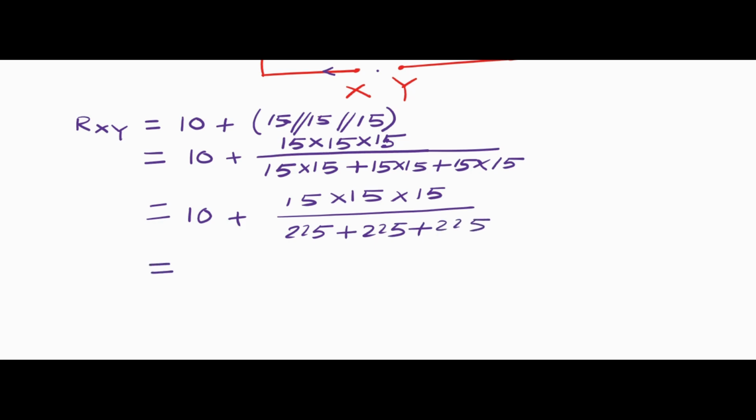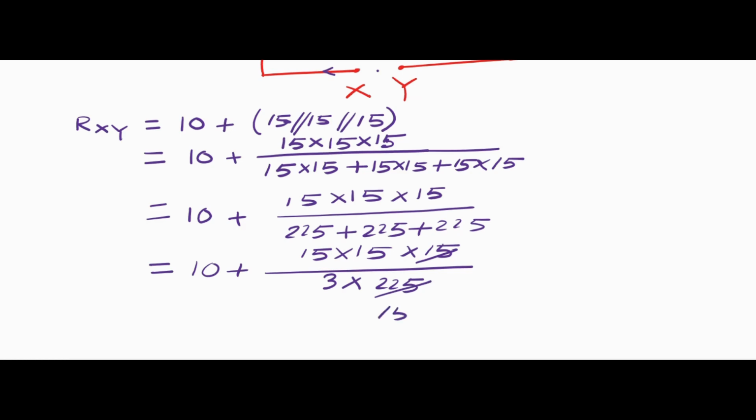So how much is the value? 10 plus 15 multiplied by 15 multiplied by 15, over 3 into 225. If we add 225 plus 225 plus 225, we get 3 into 225. Now this 15 and this 225 give 15, so when the 15 cancels out and the 3 cancels out, we get 5.